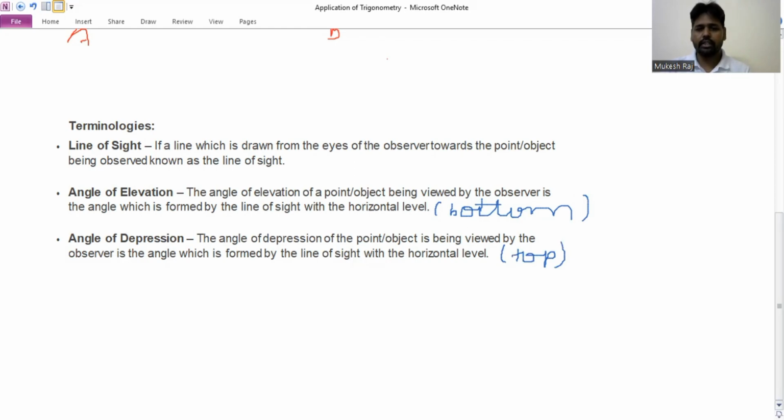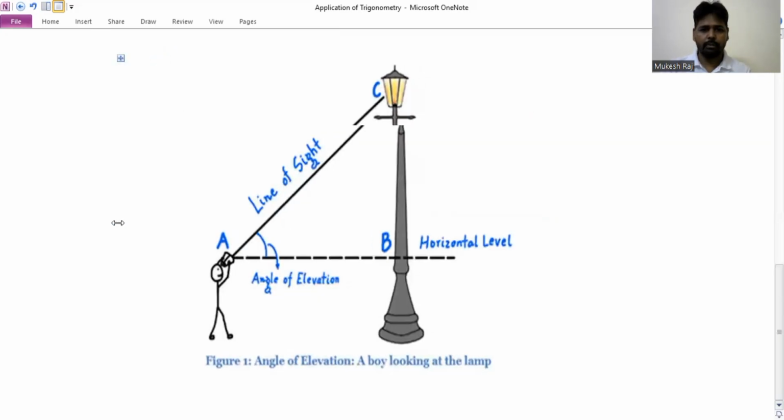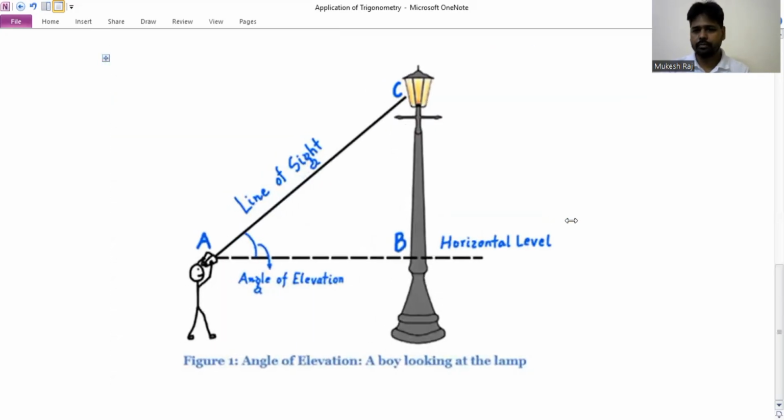To make you understand this particular concept in a proper way, let me show you with an example. Hopefully this would be helpful. Now this figure may properly depict the angle of elevation and angle of depression.